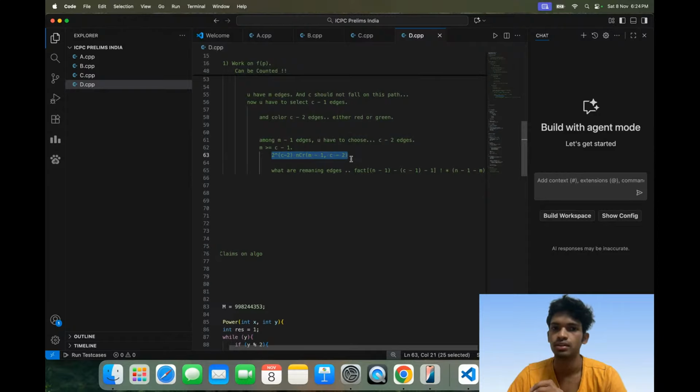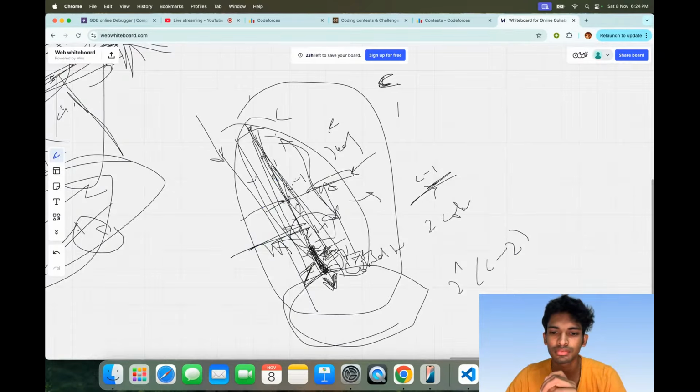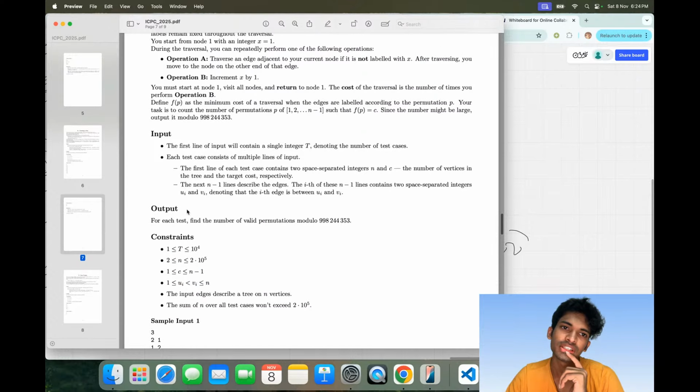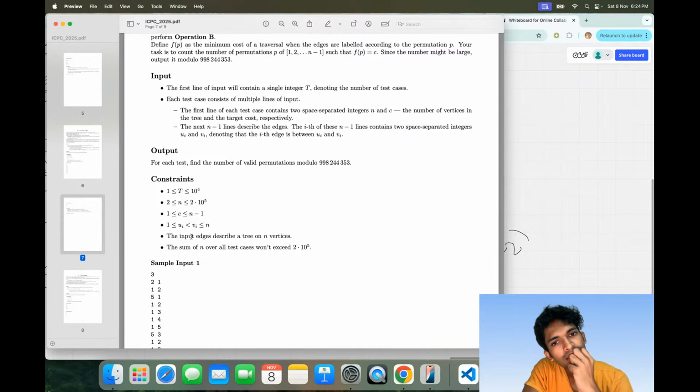Now if you think about it, why is c n minus 1? C can be n minus, C can be n, right? In some cases.